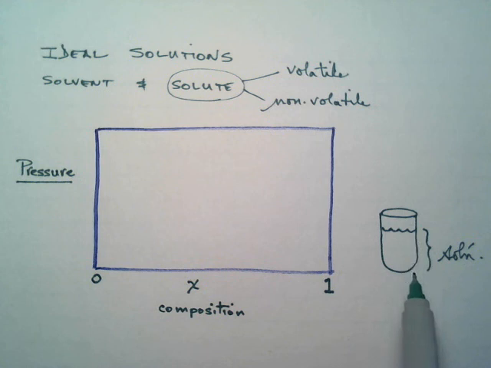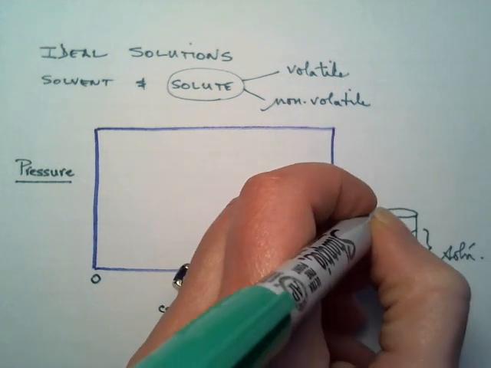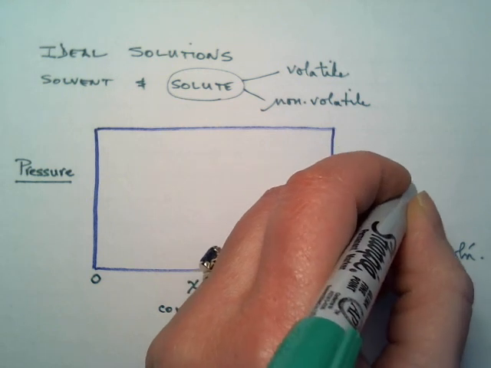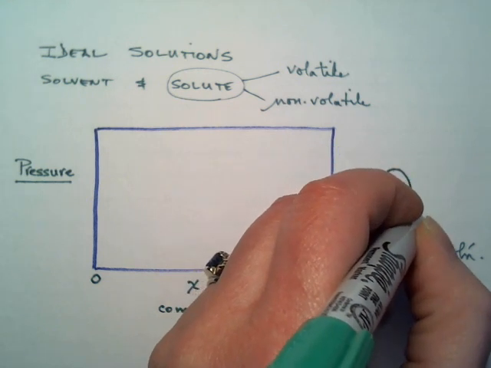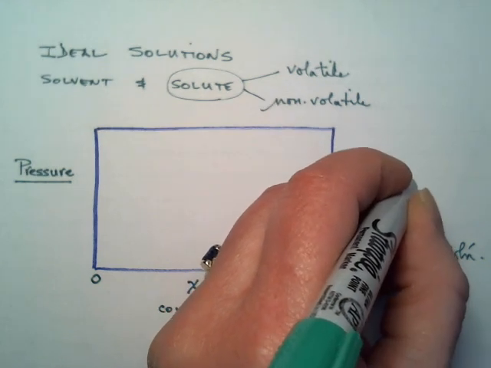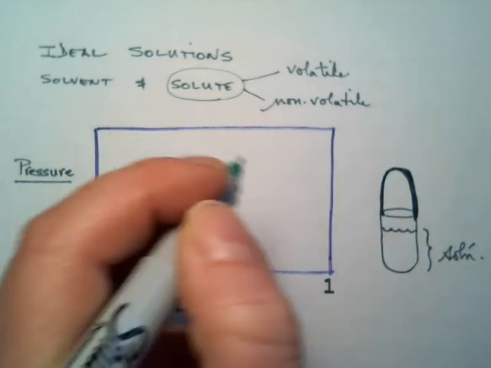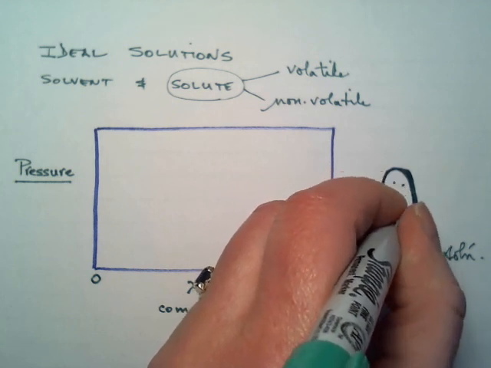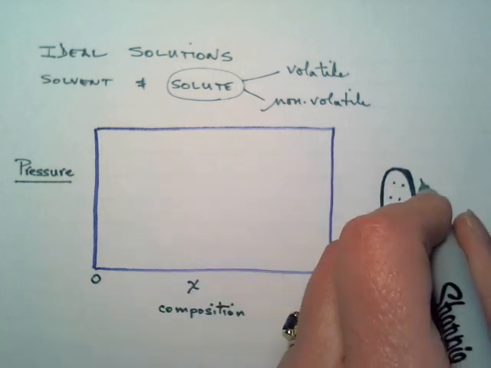So single phase solution, so the solvent and the solute are there, but I want to close it, so I'm going to put a lid on, like so, and that way I have a vapor above the solution.